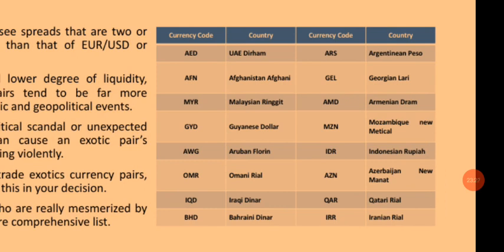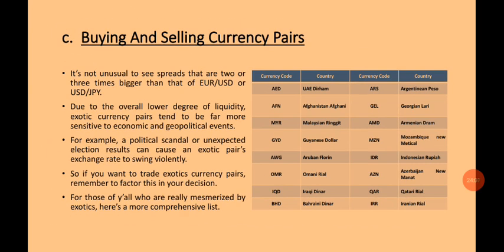We have the UAE Dirham, Afghanistan Afghani, Malaysian Ringgit, Guyanese Dollar, Aruban Florin, Omani Rial, Iraqi Dinar, Bahraini Dinar, Argentinian Peso, Georgian Lari, Armenian Dram, Mozambique New Metical, Indonesian Rupiah, Azerbaijan New Manat, Qatari Rial, Iranian Rial, and there's still more.